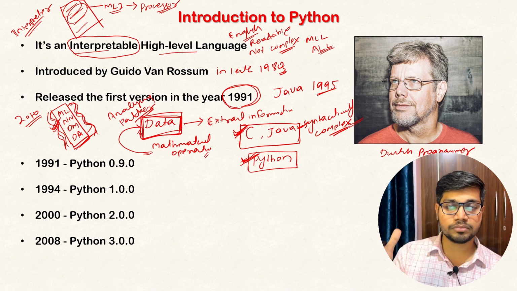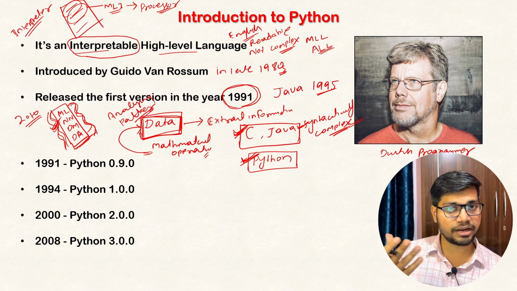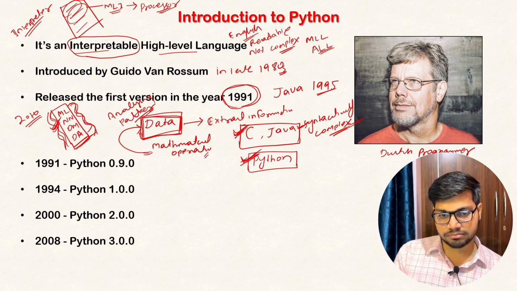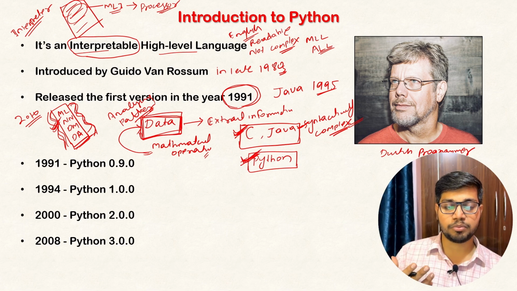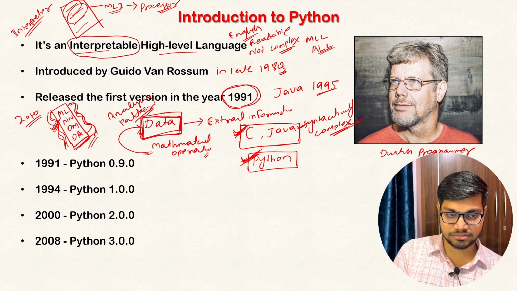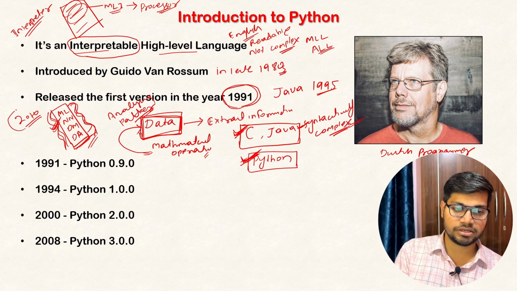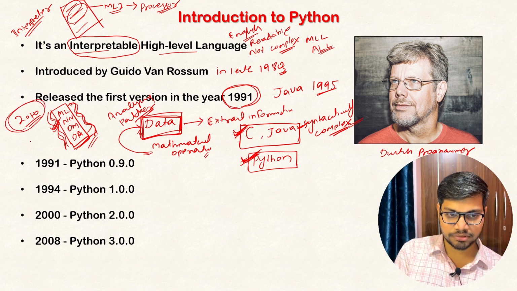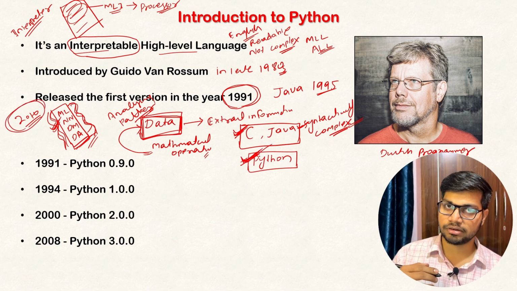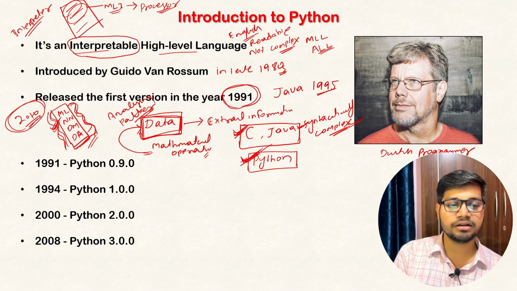They are from any background, from any domain. So that is the reason Python gained popularity along with these technologies after 2010. Now it is clear why Python got popularity after 2010.